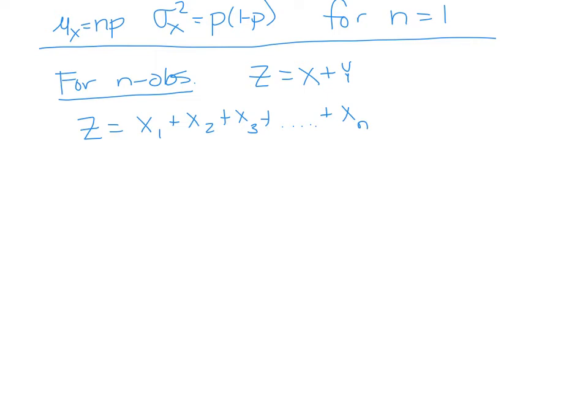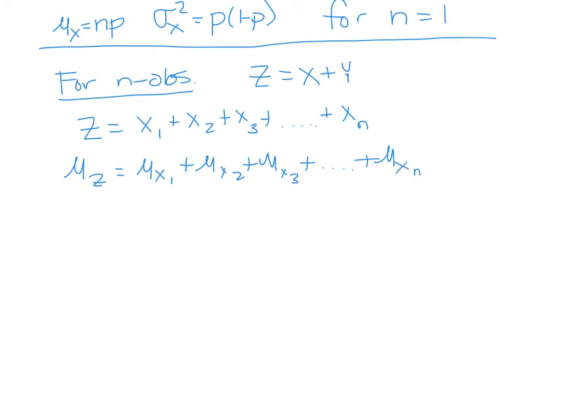It would have all n observations for the random variable x, which means that mu sub z, as we remembered before, would be the sum of all of these averages. So the mu of x sub 1 plus the mu of x sub 2 plus the mu of x sub 3 plus dot dot dot plus the mu of x sub n.